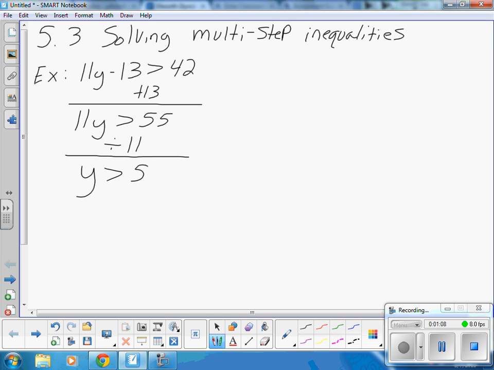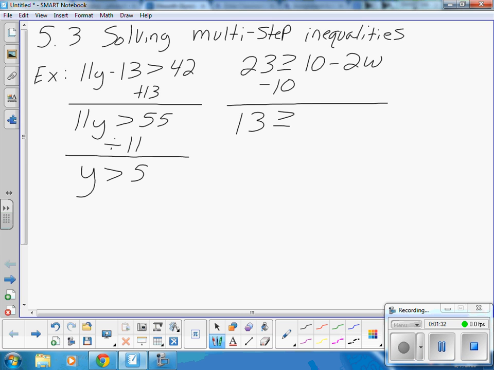All right, you try this one. 23 is greater than or equal to 10 minus 2w. Go ahead. Subtract 10 from both sides, and I get 13 is greater than or equal to a negative 2w.